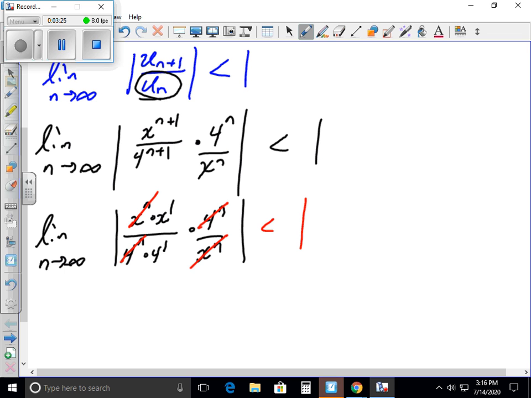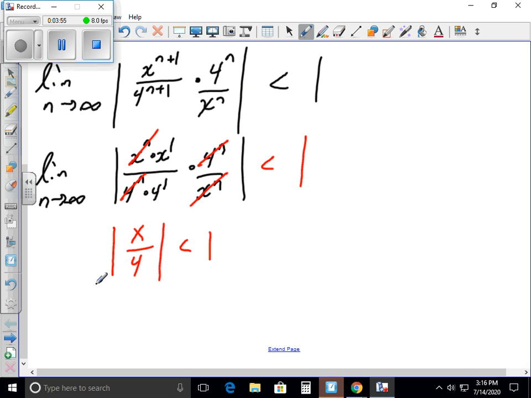So to find out when that's less than 1, if we let n go to infinity, notice there are no n's left in the parentheses. So if n goes to infinity, we're left with the absolute value of x to the first over 4. In terms of the variable for our limit, x is a constant. So if we let n go to infinity, we're left with everything that's not an n.